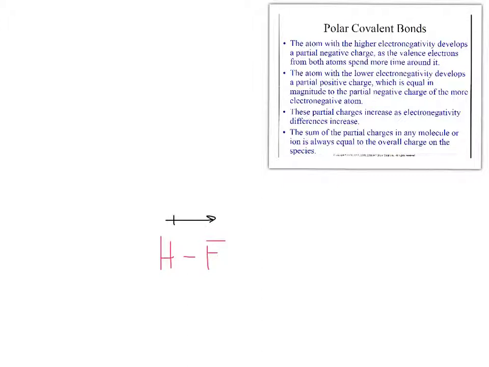As a result, since there's more electron time around here and less around here, we end up with an imbalance in charges. So there's going to be a slightly negative charge around fluorine, which we symbolize with a delta negative, and a slightly positive charge around hydrogen, which we symbolize with a delta positive. Both of these are called dipoles, or more specifically a dipole moment.